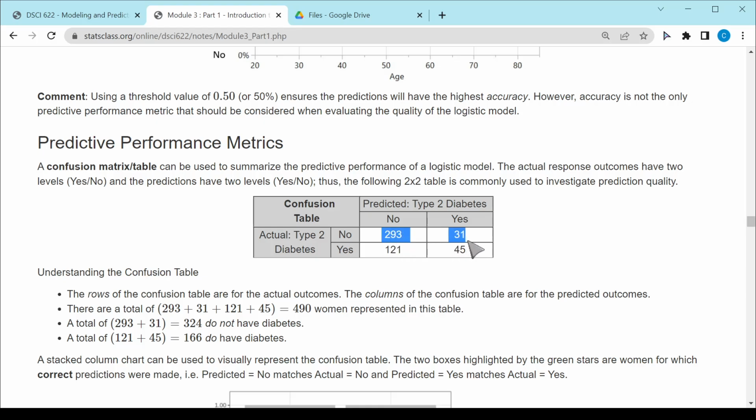If I take the 293 and the 31 and add them up, I end up with 324. These are the total number of people in my data set that actually do not have diabetes, which is 324. If I sum up the 121 and the 45, I get 166. 166 people actually do have diabetes in my data set.